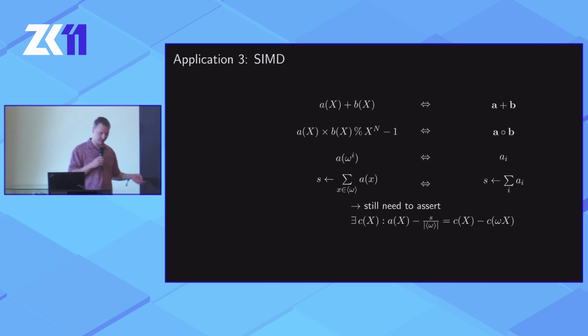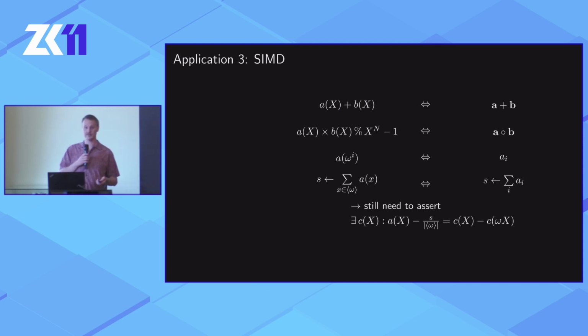And this is a new polynomial that has to satisfy this equation, this polynomial that supposedly sums to 0 has to be describable as the difference between the same polynomial evaluated in x and omega times x. And yes, you do need to construct C again.